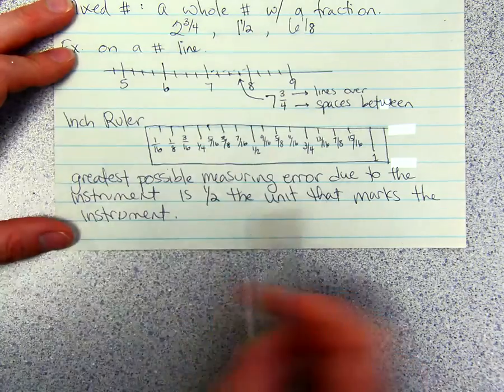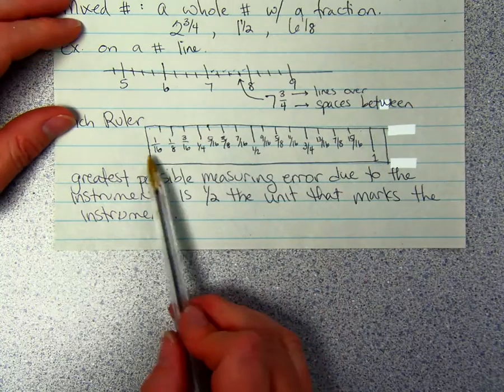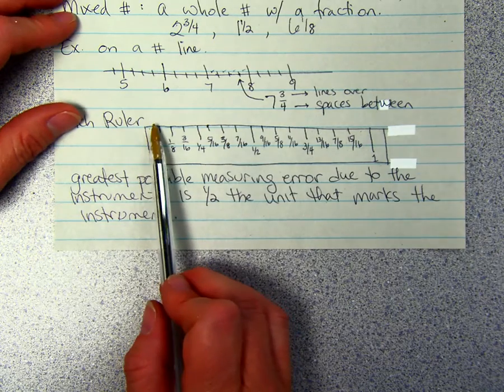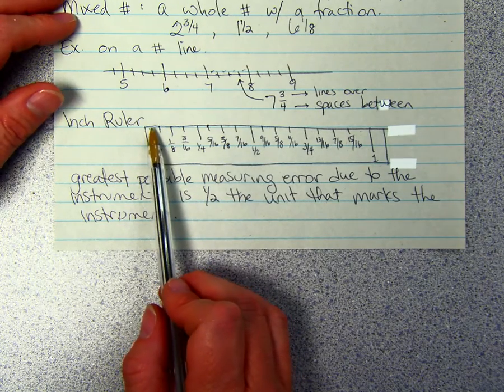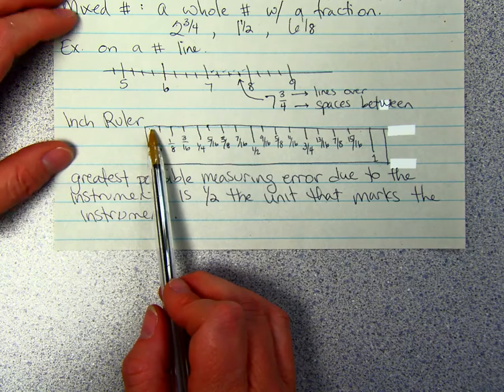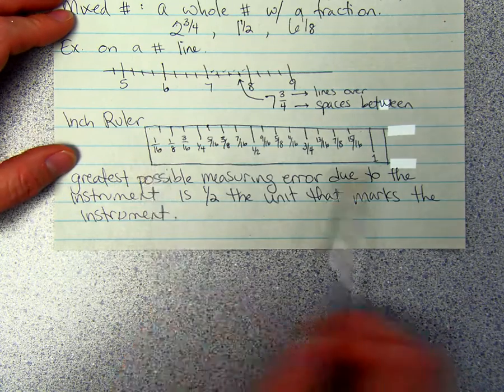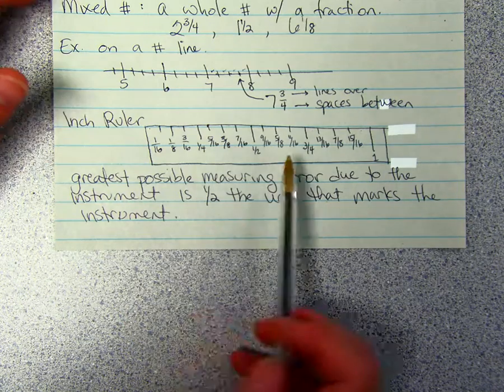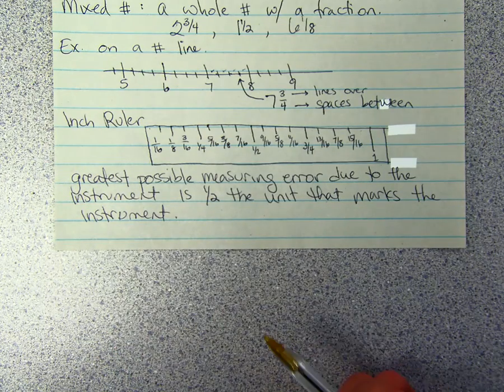So for example, in this inch ruler, it is marked by 1/16. So 1/2 of a 1/16, which is 1/32nd, is the error that is possible when using an inch ruler that's marked in 1/16. So you might err by 1/32nd on either side. And that's the end of the lesson.